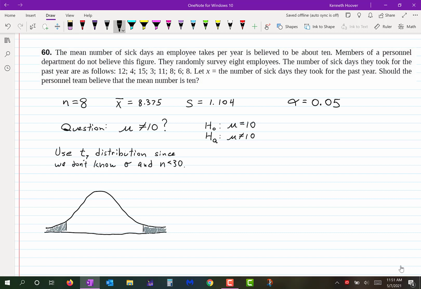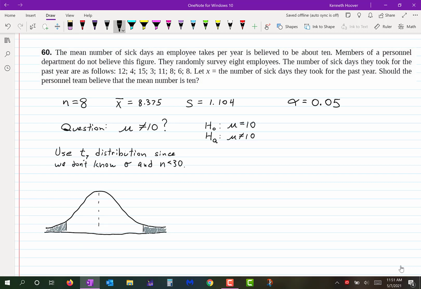People aren't going to die if we get the wrong answer. This isn't a medical experiment or something like that. So therefore, our level of significance doesn't have to be super high, like 98 or 99%. So probably 95% is good enough.